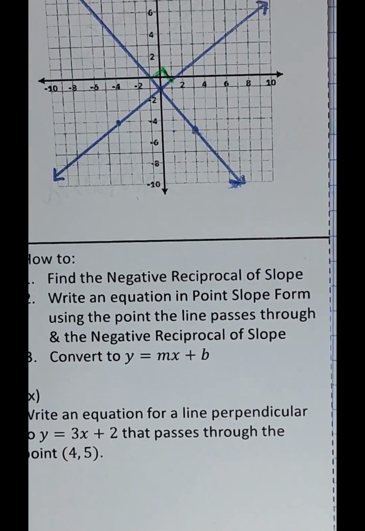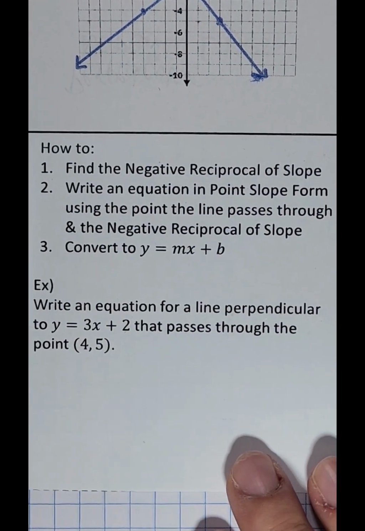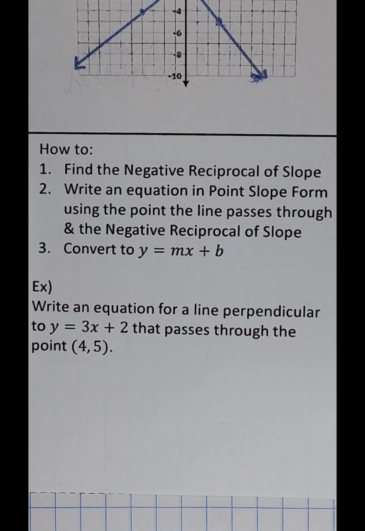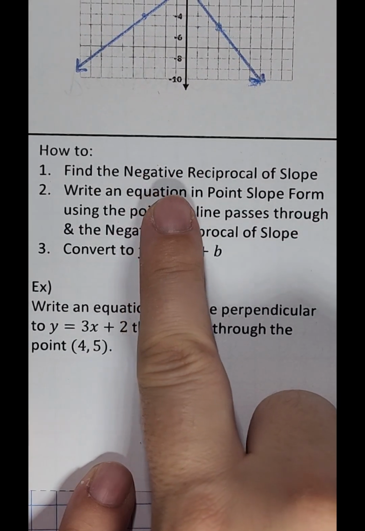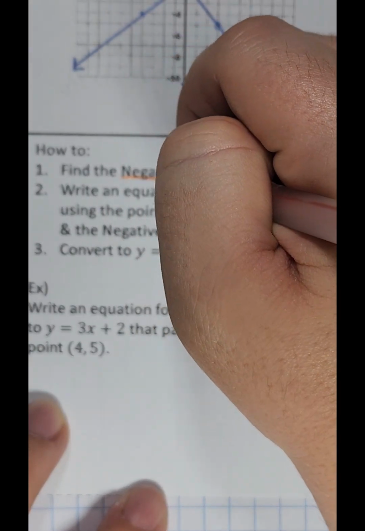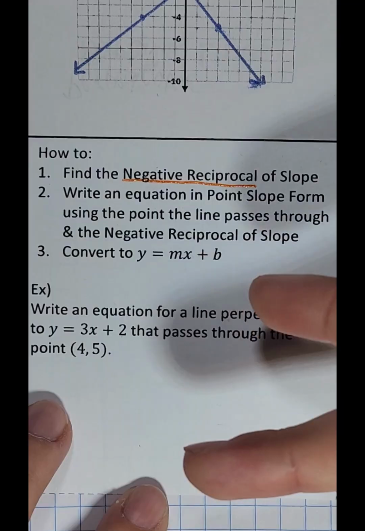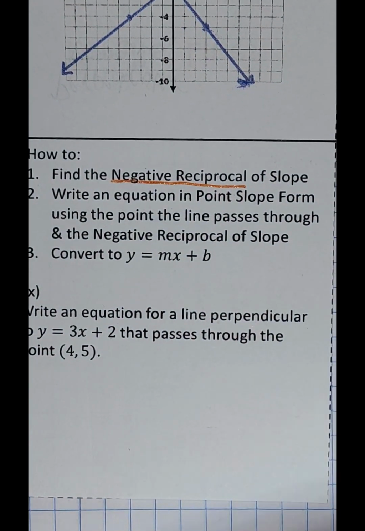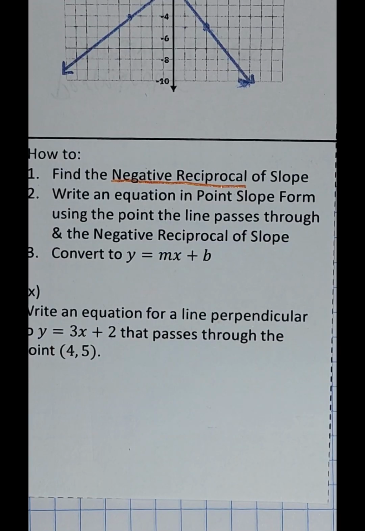We are now going to switch to finding an equation for a line that's perpendicular to another line that we already have. So to do this, we're going to first find the negative reciprocal of the slope, which again means you're going to flip the fraction and then negate it. Then step 2, write an equation in point slope form, which we just talked about.